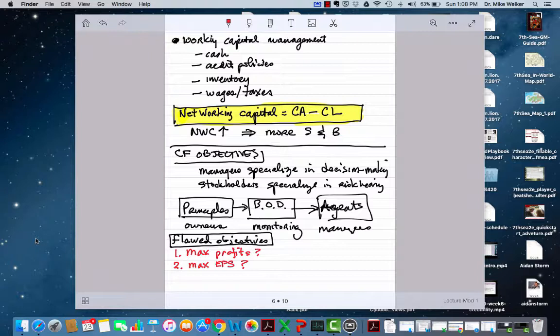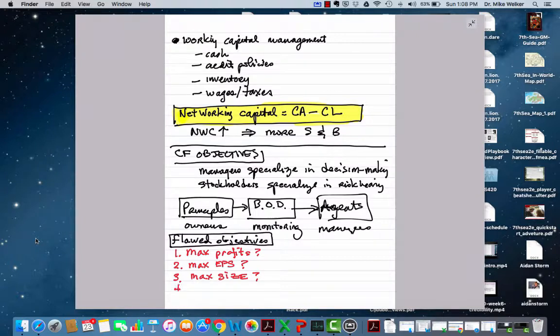Or maybe we should maximize the size of a firm. Maybe we're referring here to the book value of the firm, or the size of assets. But size might not be in the shareholders' best interests because size does not equal value. It doesn't incorporate future cash flows. It doesn't incorporate risk.